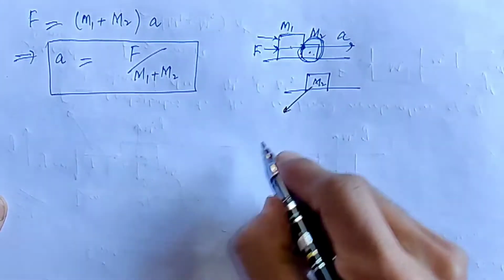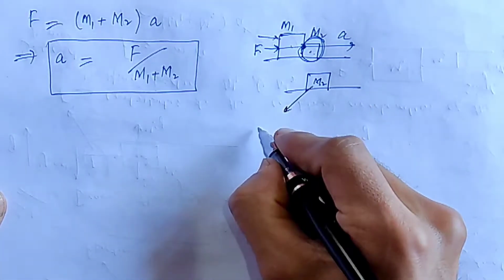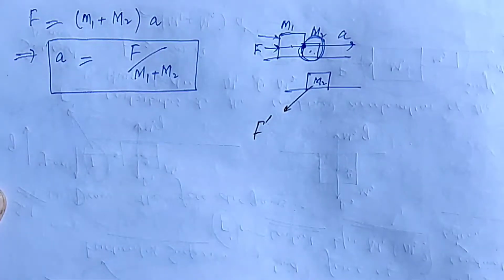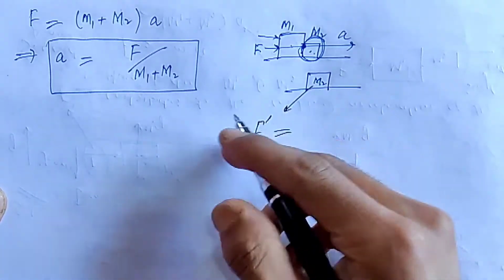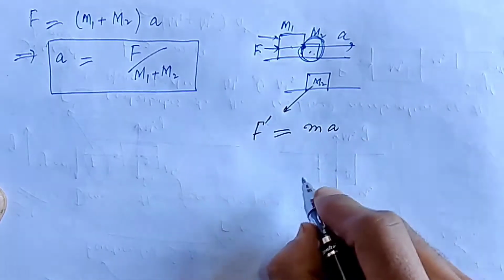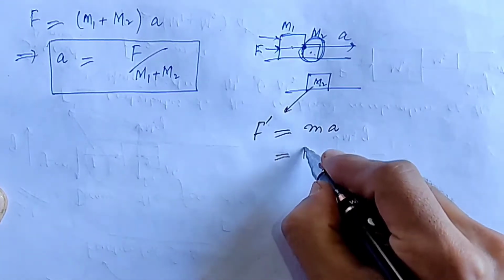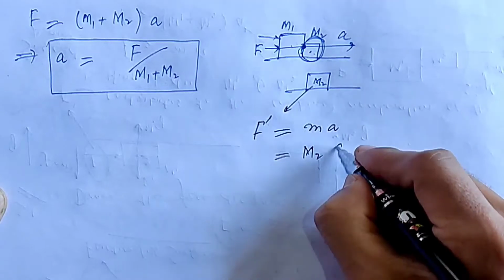Suppose the force acting on the M2 body, that is the force of contact, is represented as F prime. It will be given by the second law of motion, that is mass times acceleration, and the mass here is m2 times the acceleration.